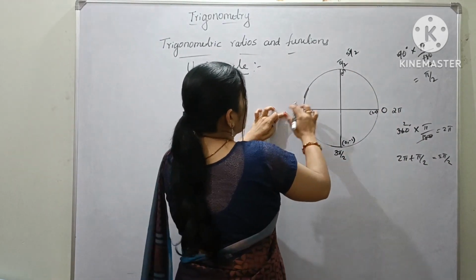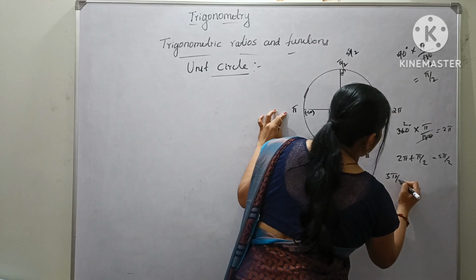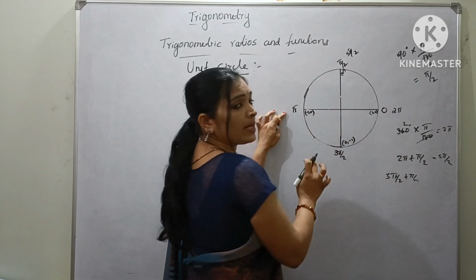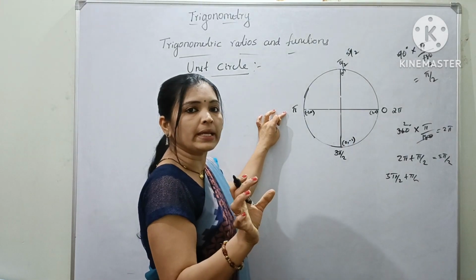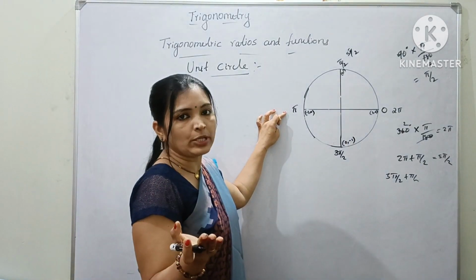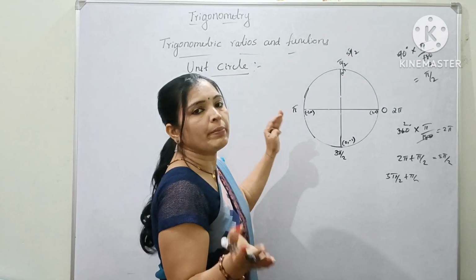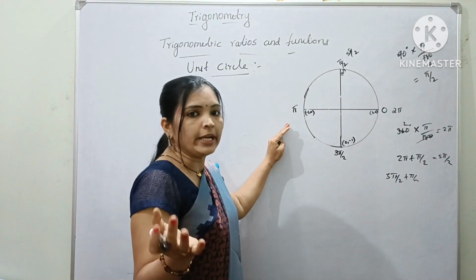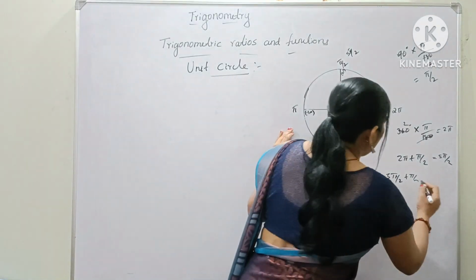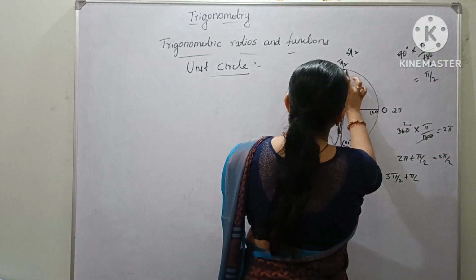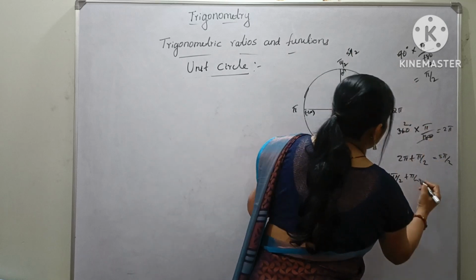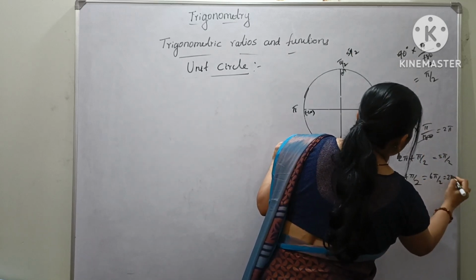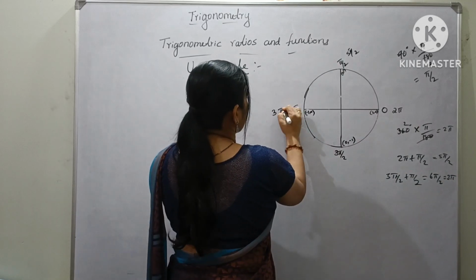And here again 5 pi by 2 plus pi by 2. See, this angle's radian measure is nothing but pi by 2, that is 90 degree. Here we will measure the trigonometric ratios in radians. Here 5 pi by 2 plus pi by 2 is 6 pi by 2, that is 3 pi.